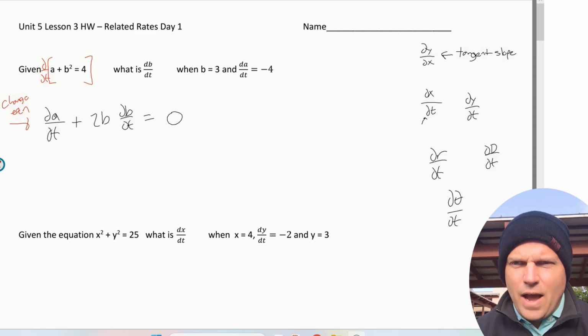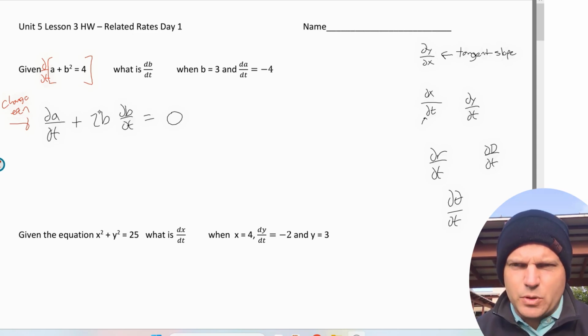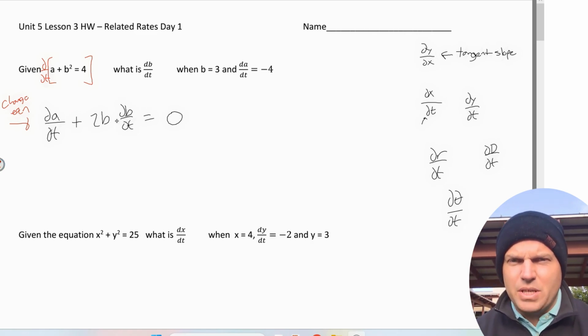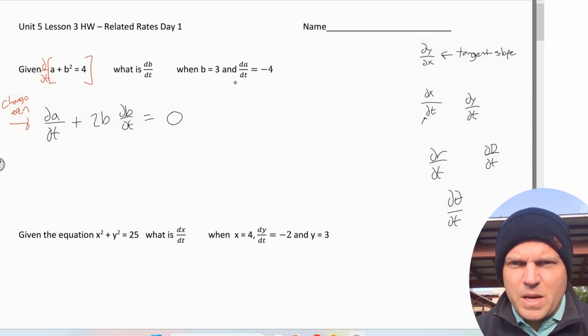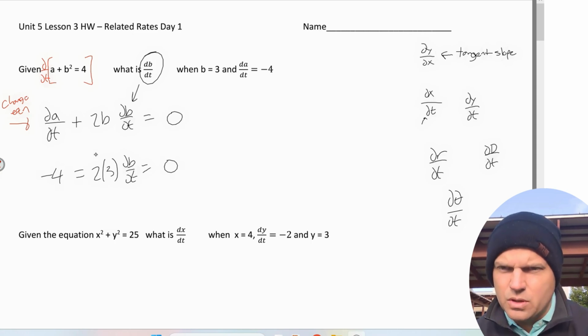This is how A is changing. This is how B is changing. We can see the relationship between how A is changing and how B is changing relative to B's size. We're given information here. We're trying to find dB dt, which is that. We're told when B is 3, I can just plug in the information I have and then solve for whatever I'm trying to solve for. We got dA dt is 2.